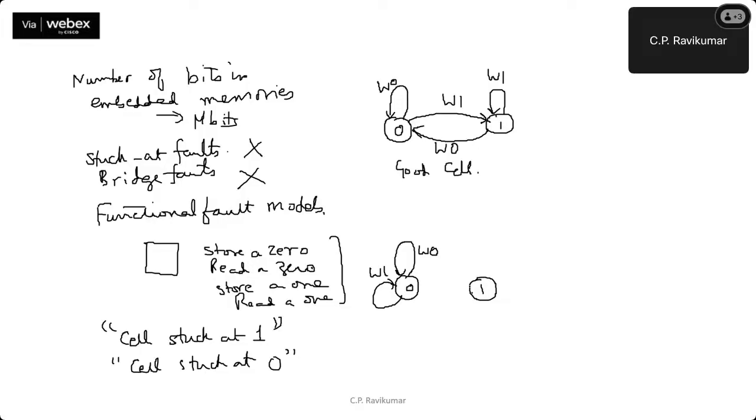This cell state cannot be reached at all. So this is when the cell is stuck at 0. Similarly, the cell may be stuck at 1, in the sense that even if I try to write a 0, it will remain here. So this is a stuck at fault.